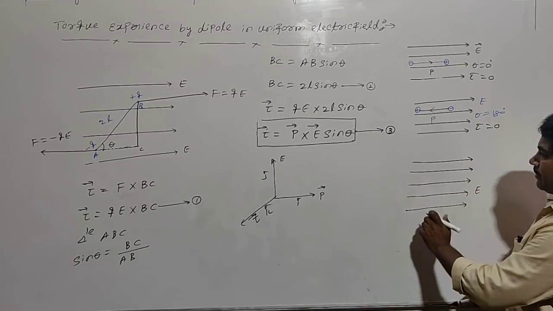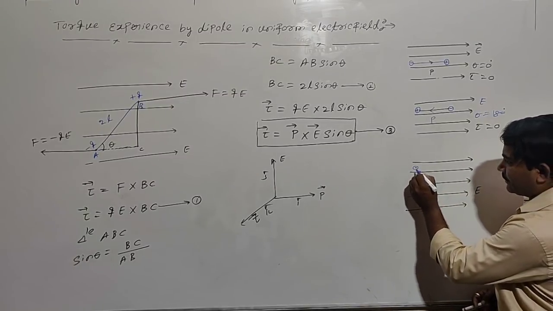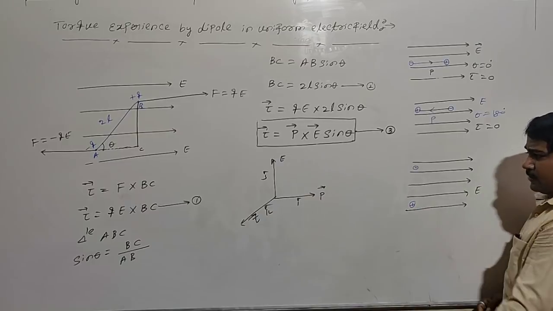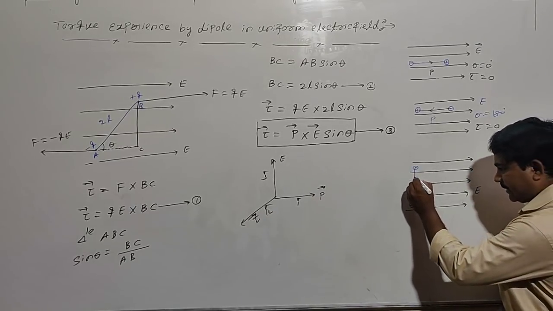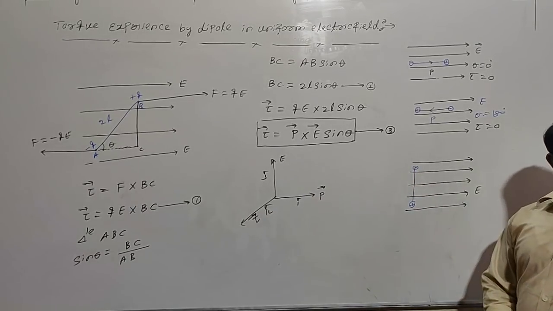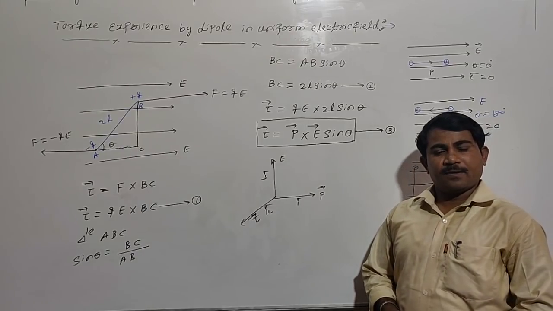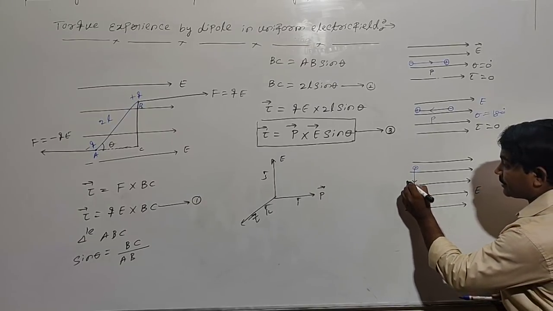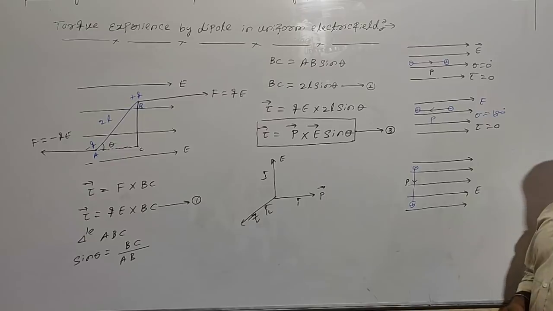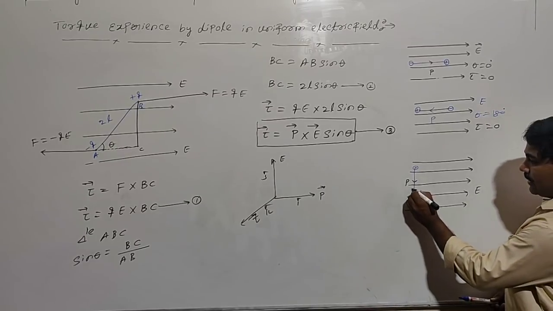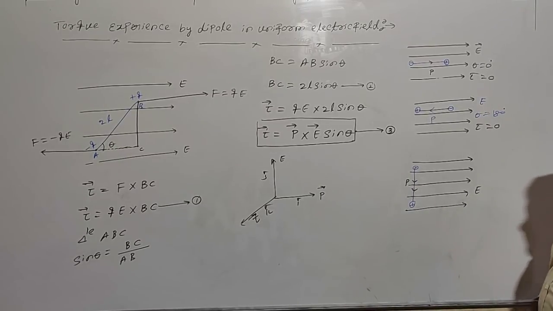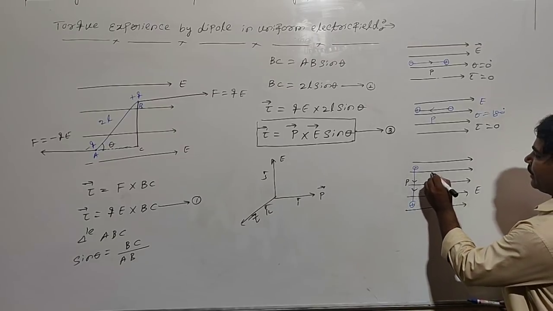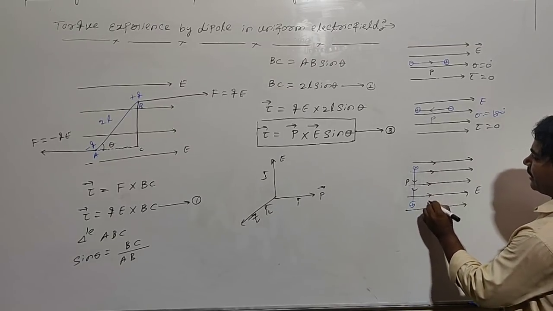Now, in this uniform electric field, I want to take a negative charge and positive charge, that we are calling dipole. Both are separated like this. Then, what is the direction of dipole moment? In this case, direction of dipole moment is like this, from negative charge to positive charge. What is the direction of electric field intensity? This is the direction of electric field intensity.